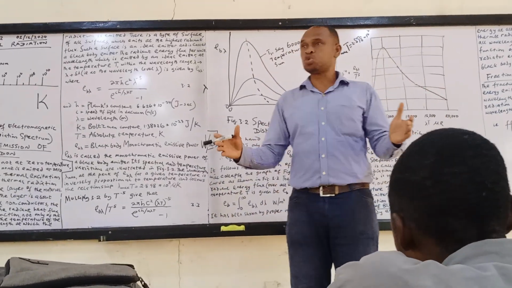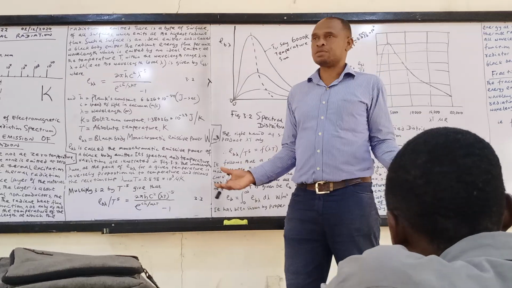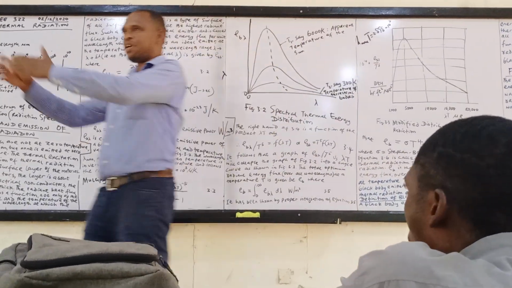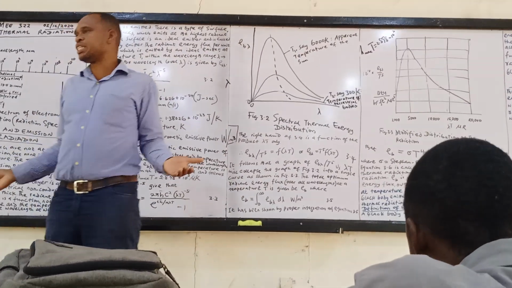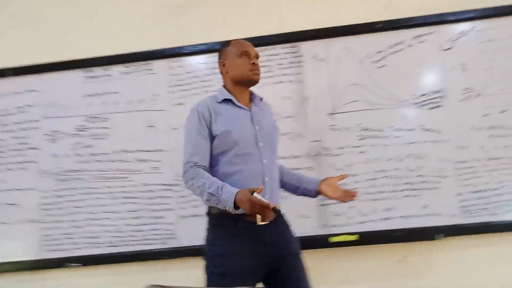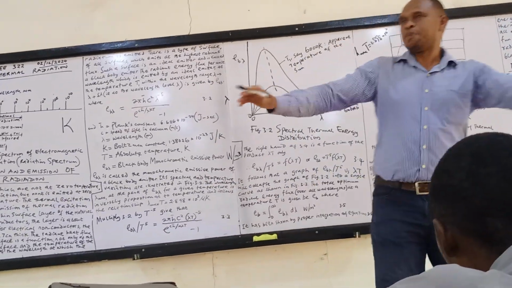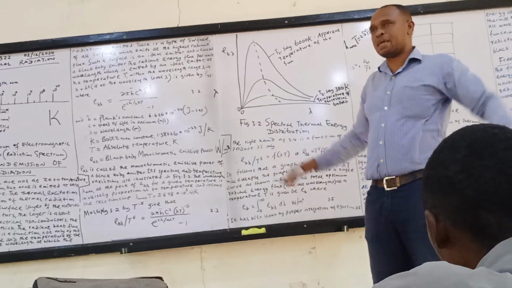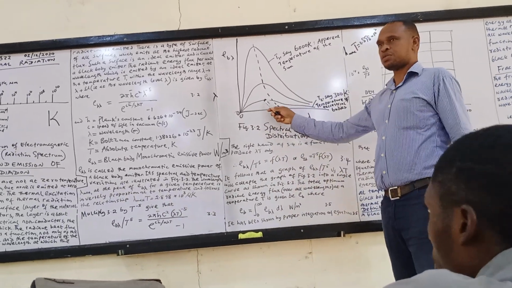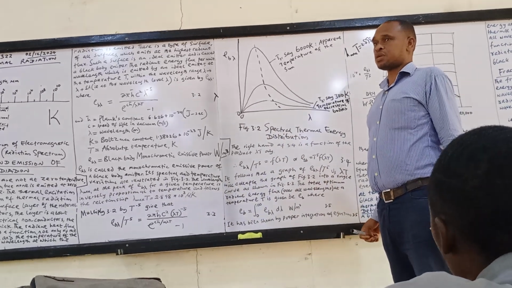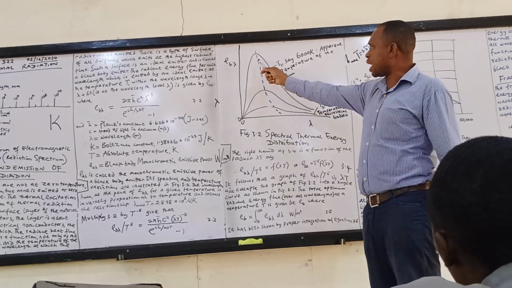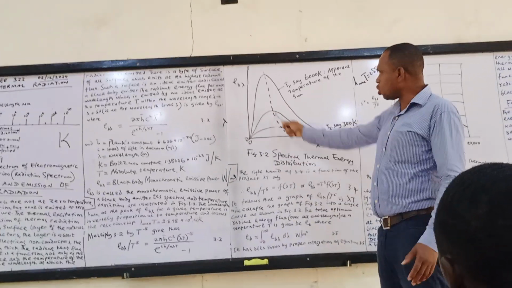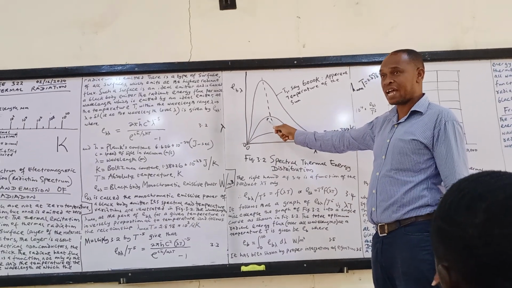Then what is the temperature of the environment? Maybe 27, 28, thereabouts. So the terrestrial body here is about this temperature. The temperature of the sun looks like this, and this is also very high.